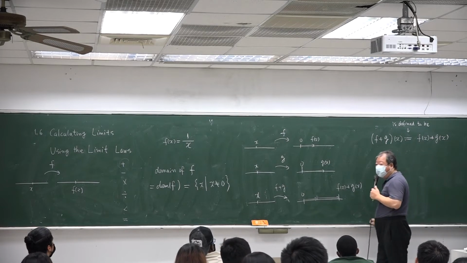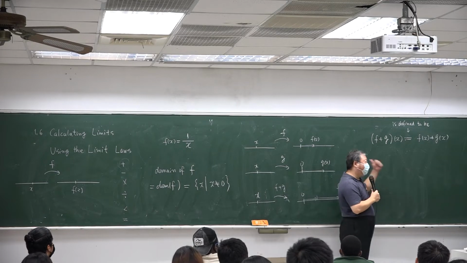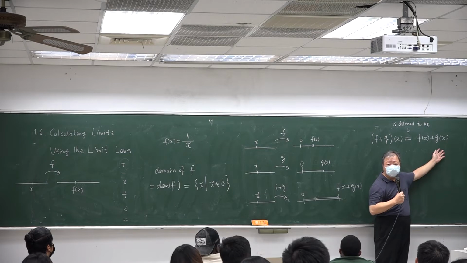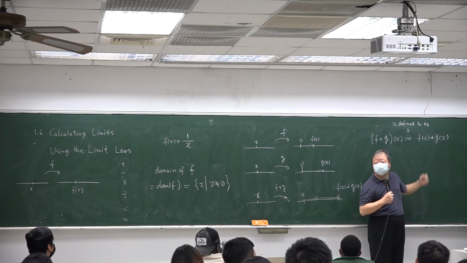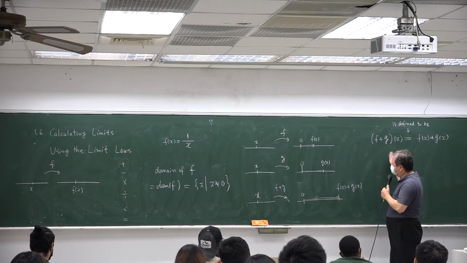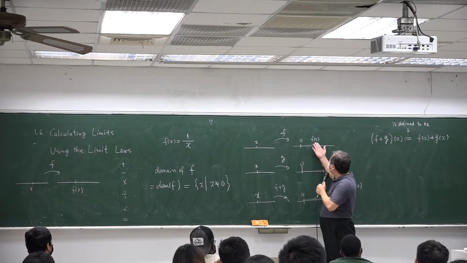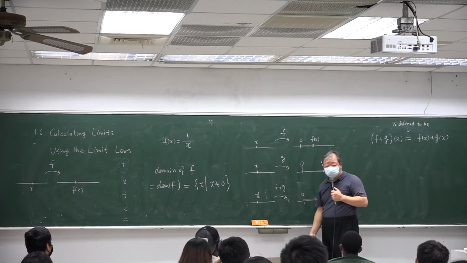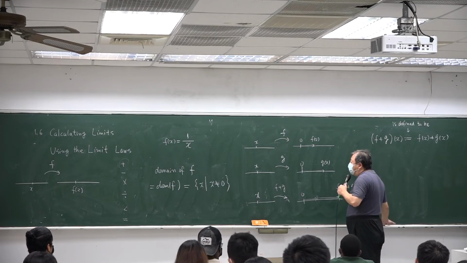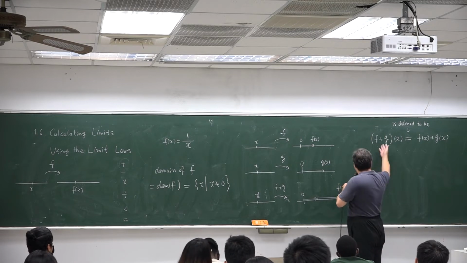When we have f, when we have g, and x is given, then this is a number, and this is also a number. We may find the sum of these two numbers, right? If x is different, then the sum may be different according to what the values of f and g at x are. So we extend the notion of addition from numbers to functions.